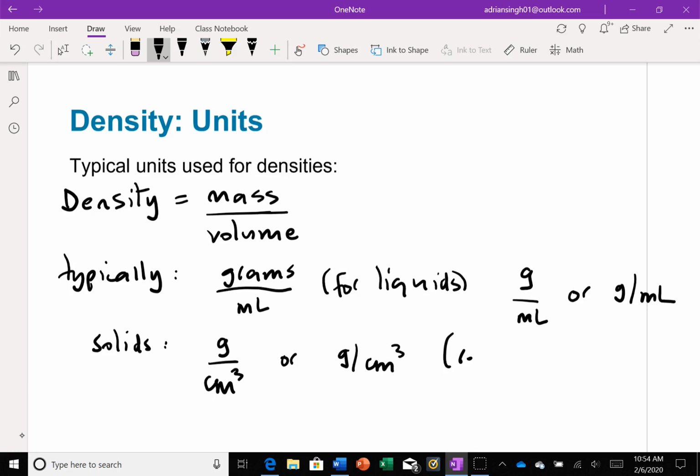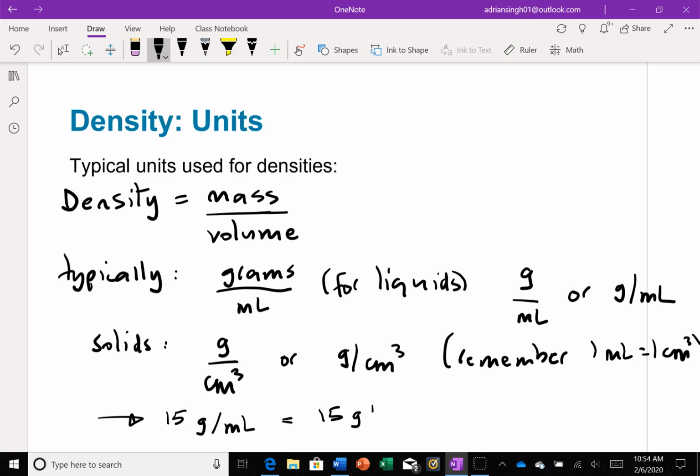Right, remember, we talked about this last time. 1 mil is the same as 1 cubic centimeter. Right, so what this means is something that has a density of 15 grams per milliliter is the same as 15 grams per cubic centimeter, right? Because of that one-to-one relationship between the milliliter and the cubic centimeter. So those are going to be the most common units that we see for density.